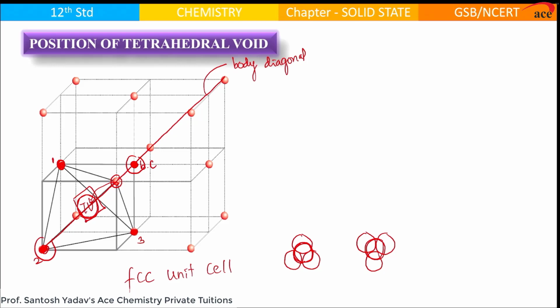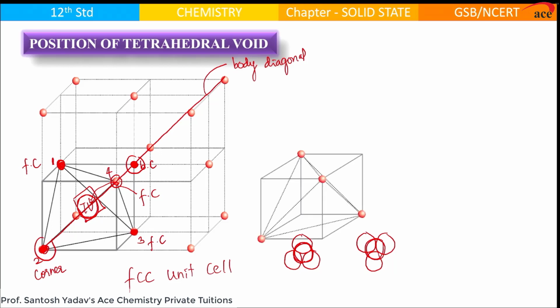Now sphere number 1 is a face center, sphere number 3 is a face center, and this sphere is also a face center, the 4th sphere. So 3 face centers and 1 corner, the space trapped between them is called a tetrahedral void. So that tetrahedral void has been shown here.